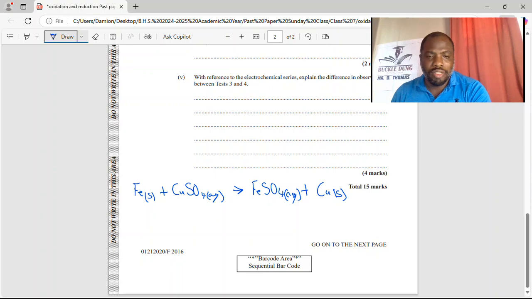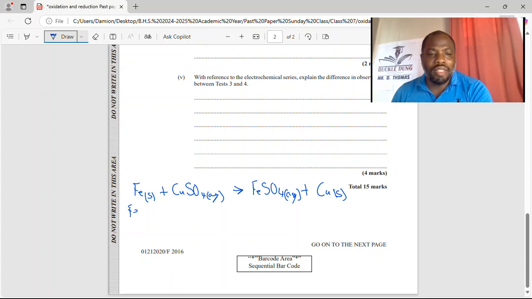Is it balanced? Yes. And to write our complete ionic equation, we break up all the aqueous species. We cannot break up the solid, the liquid, the gas.